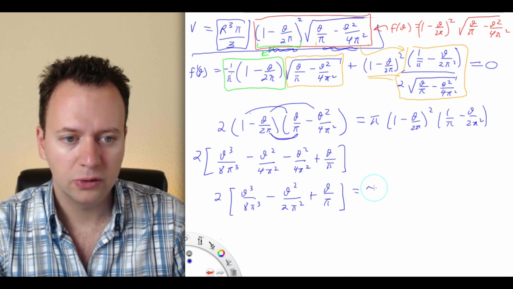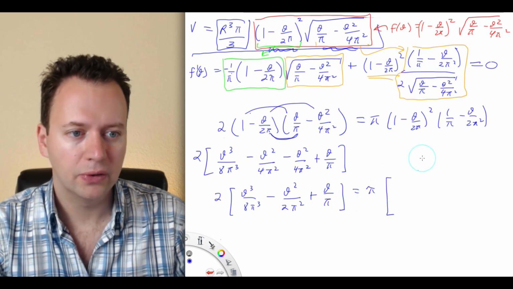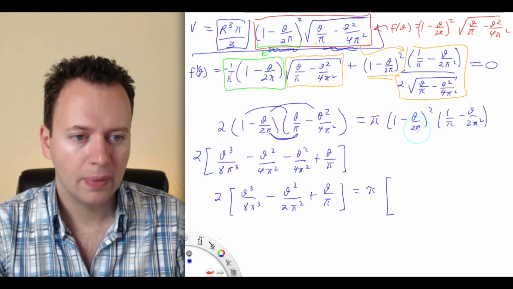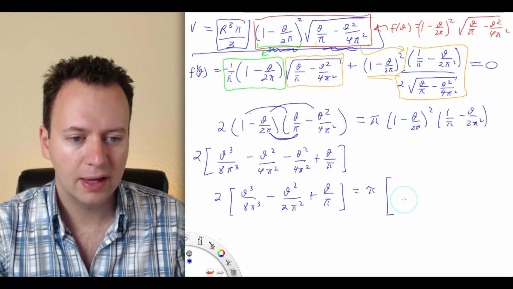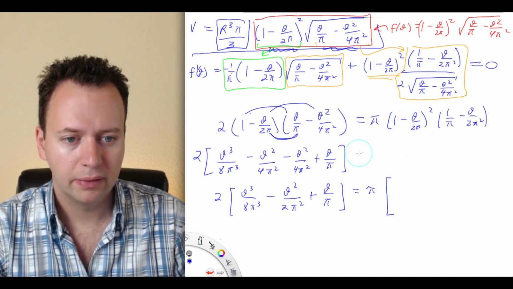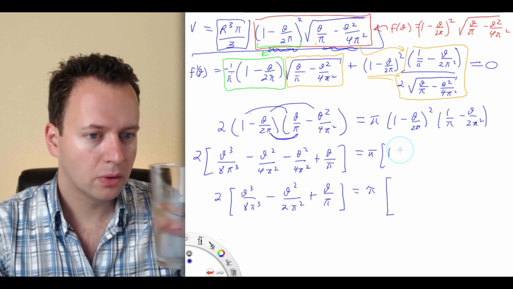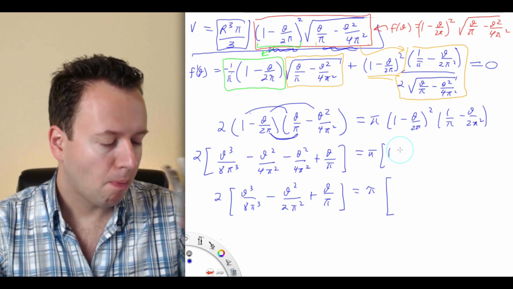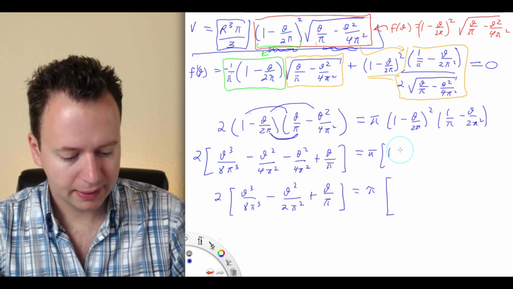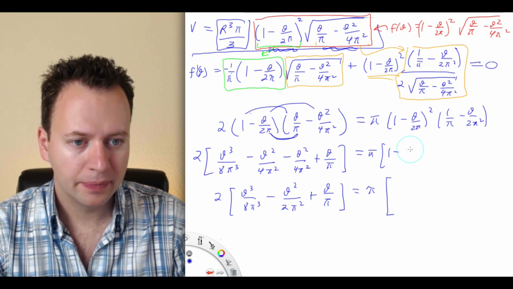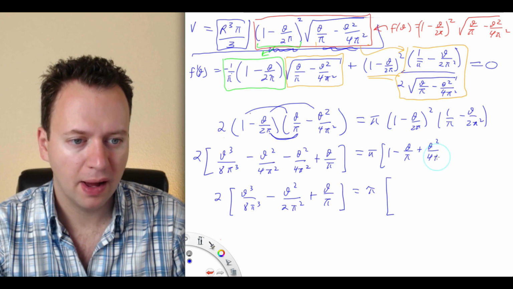And this is equal to pi times, okay, if we square this, we're going to have, so this one's going to be 1 minus theta over pi plus theta squared over 4 pi squared.